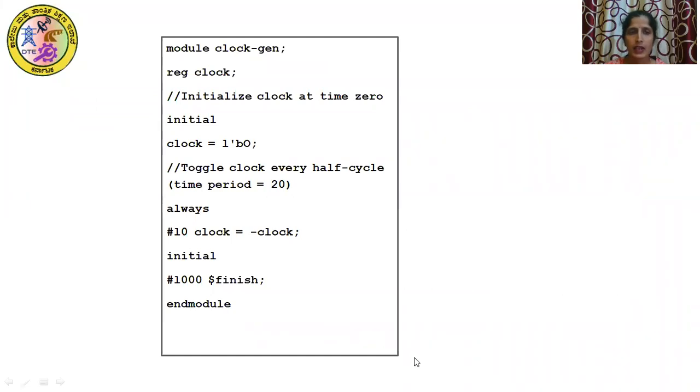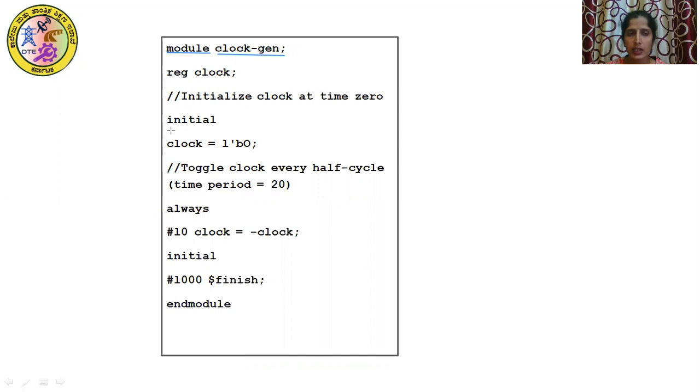So let us see an example on this always behavioral construct. Here in this example, it begins with the keyword module followed by the name of the module. The name of the module is clock generator. Here module is a keyword, and clock is declared as a register by using the keyword reg.